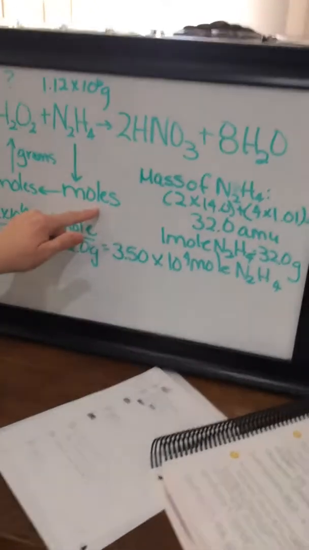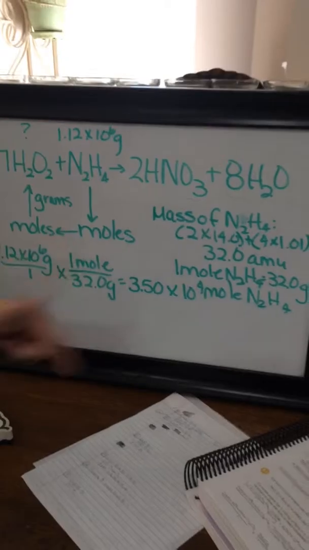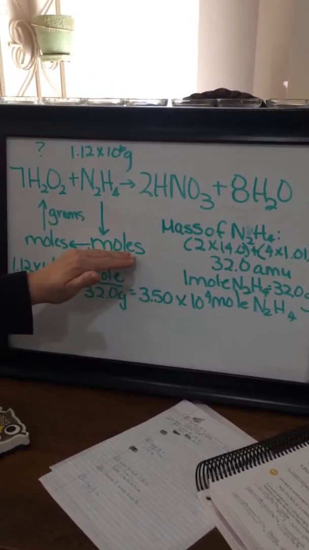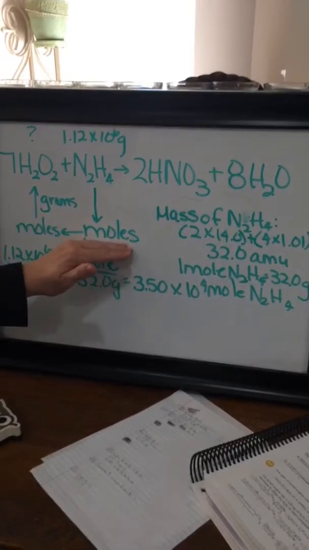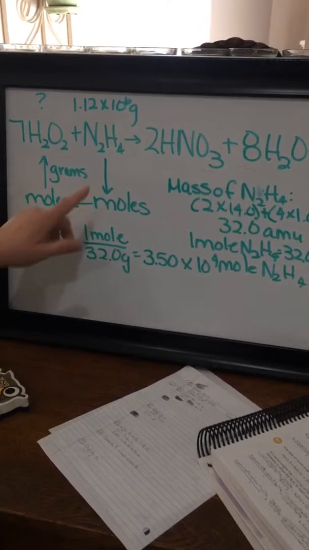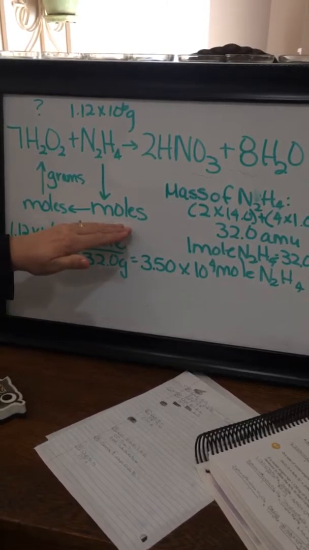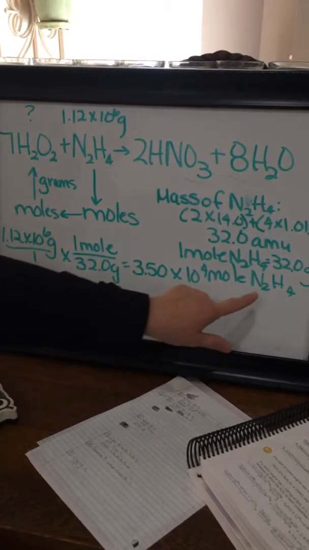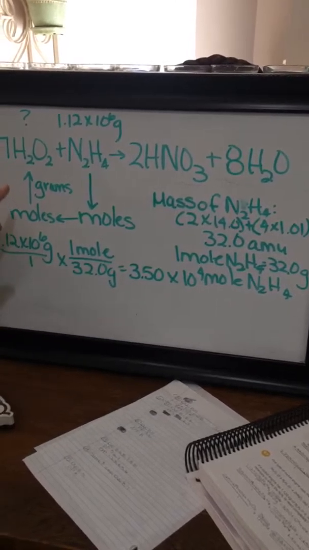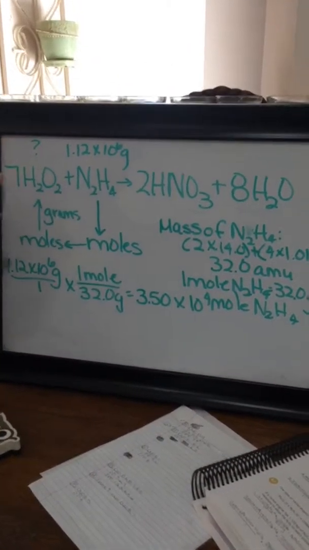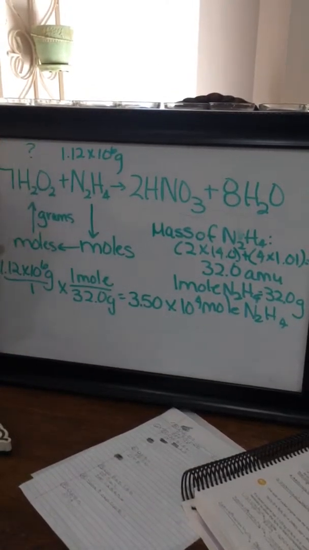What is your next step? I want you to be able to think through this so you know what to do no matter how it is worded. Now that you have it in moles, you can make the connection over to H2O2. You couldn't make the connection up here, but you can down here. So how are we going to relate N2H4 to H2O2? This is where your balanced equation comes into effect.